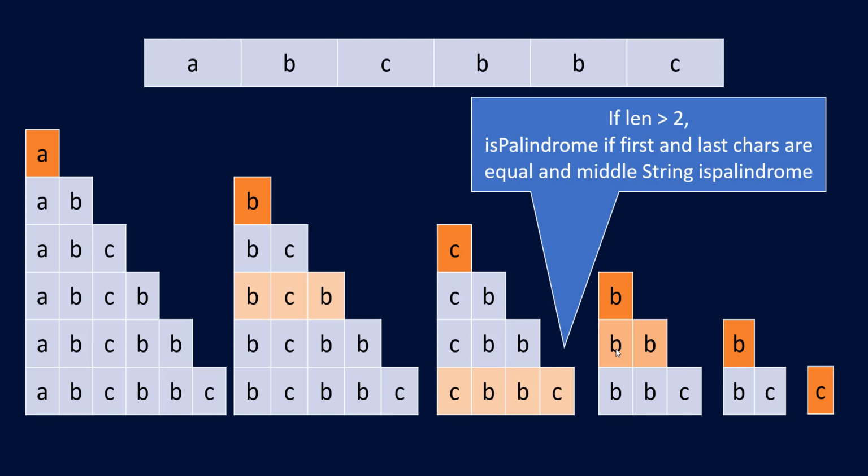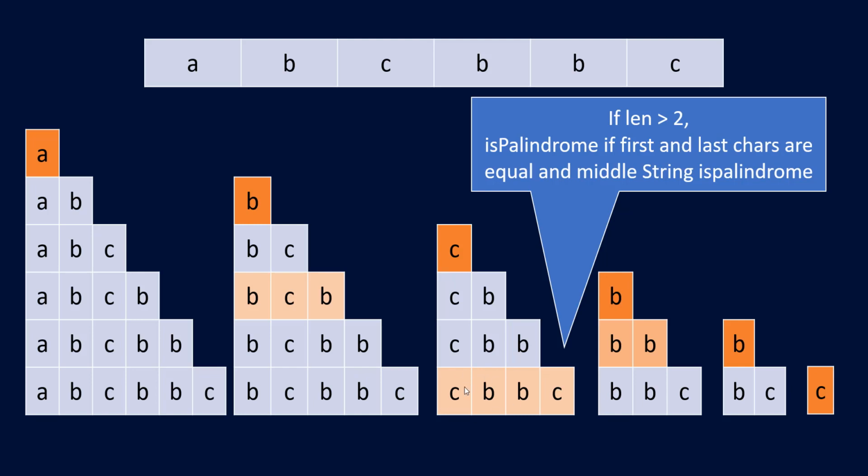For the rest of the cases, what we need to do is: if my first and last characters match and my middle part is a palindrome, then I can say that the whole substring, considering the start, end and the middle part, is also a palindrome. So over here you can see that this B is equal to this B, and the middle string is also a palindrome, so I need to add that string as a palindromic string.